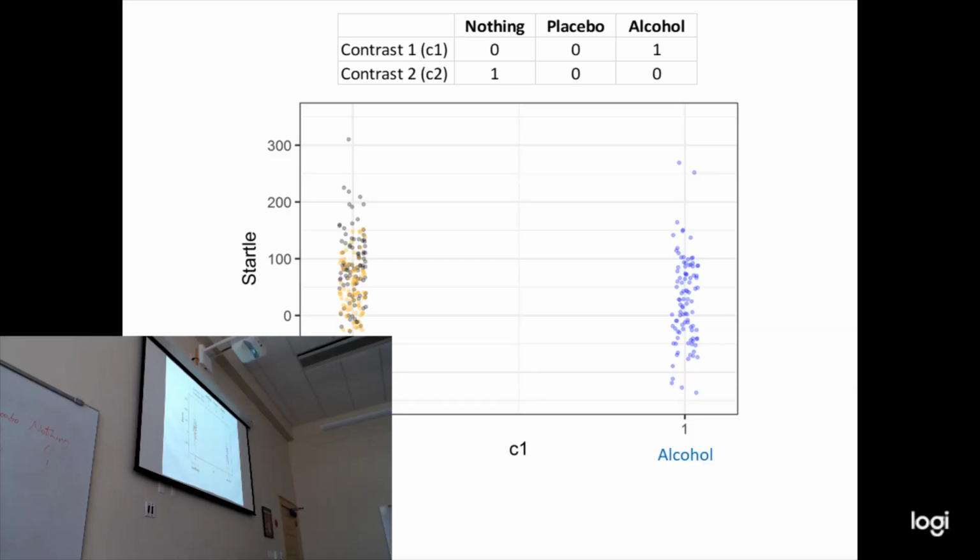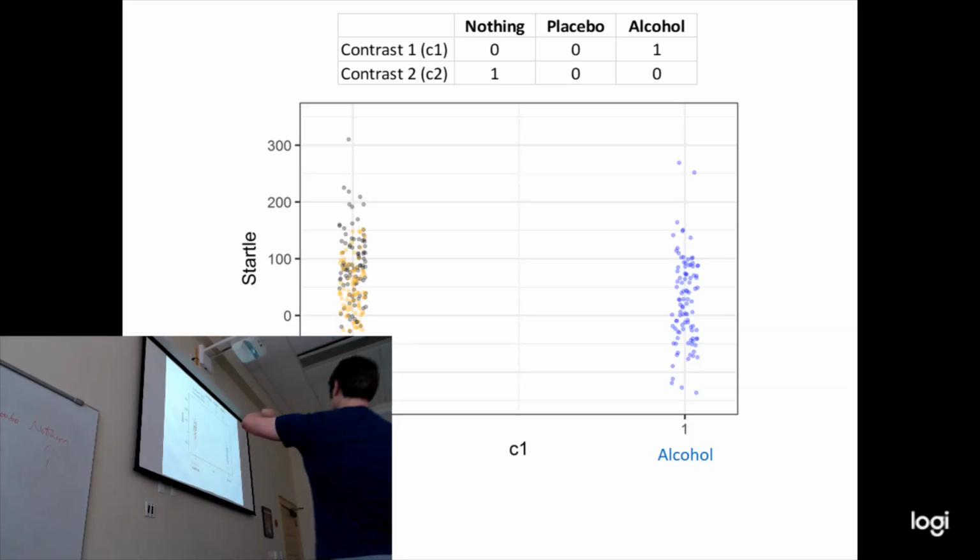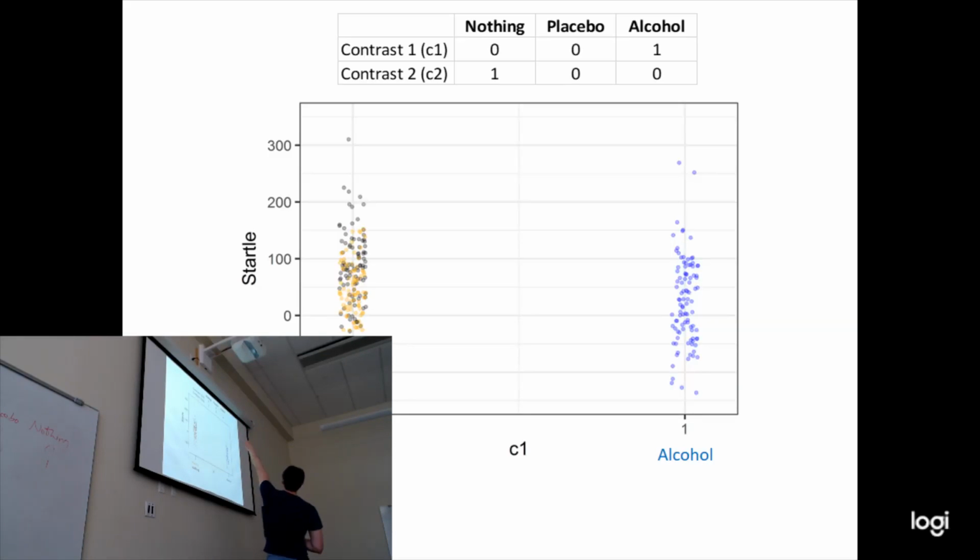If they were not correlated, then indeed you'd be looking at, for C1, alcohol versus the average of placebo and control. But by allowing them to correlate, when you do the analysis, you don't really do the analysis on the raw data. Instead, you do an analysis on adjusted data.